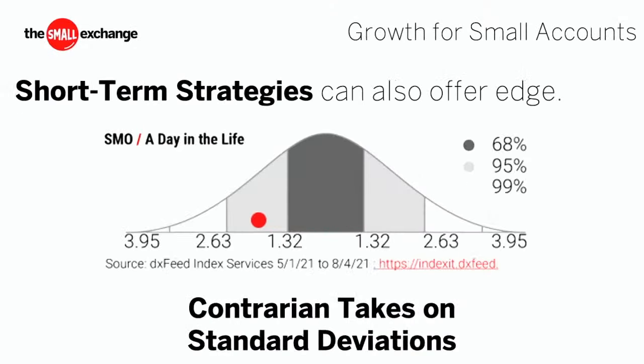Well, one of the things that I love to look at in all diversified markets that sit next to my long-term strategies in long stock exposure is contrarian takes on standard deviations. And this is really nice and clean and simple because the probabilities don't change. The market changes on a minute-by-minute basis, every single day. The landscape we're looking at right here is SMO, which is the small crude oil product. A lot of news surrounding crude. That market fell from $75 a barrel down to $60 a barrel and now is back in the middle.